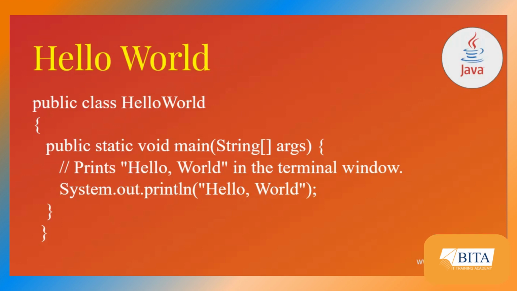So what is compilation? It will convert your source code into bytecode. If there are no errors, it will return to the prompt with the path variable set. Then you have to type java and the name of the program.